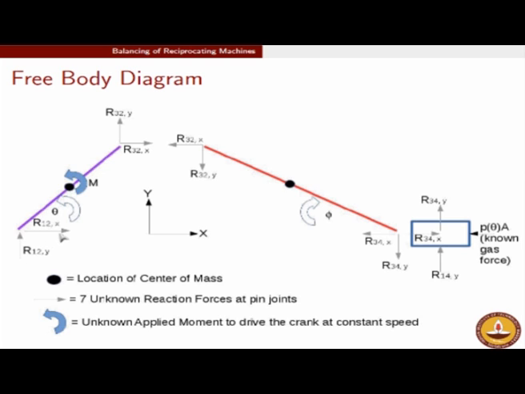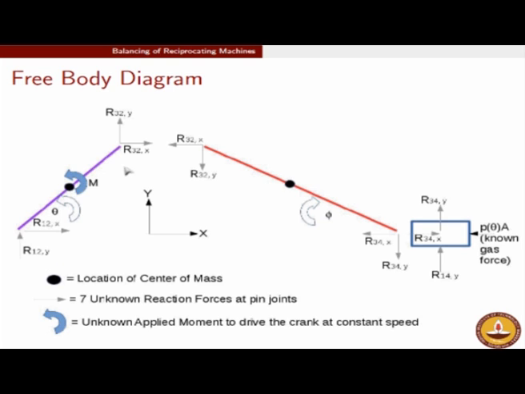So R12,x is the force from member 1 to member 2 in the direction of x. Similarly, R12,y is the action reaction force given by member 1, which is the frame, to member 2, which is the crank, along the direction y.